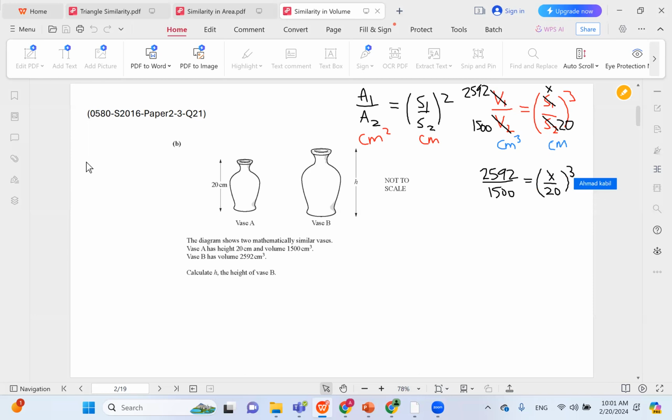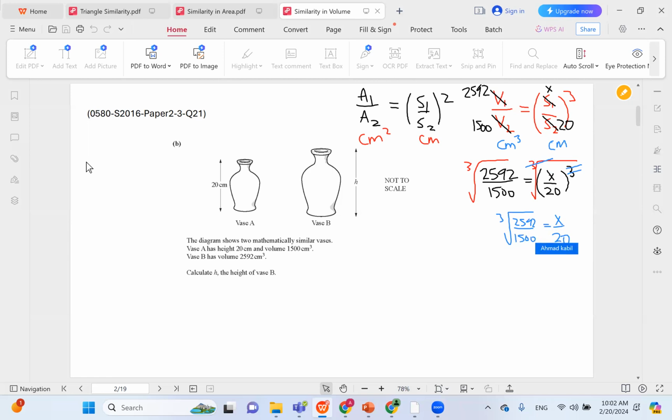In order to get rid of the power, we're going to take the cubic root on both sides. So the cubic root cancels the power of 3. So we get X over 20 equals cubic root of 2592 divided by 1500.